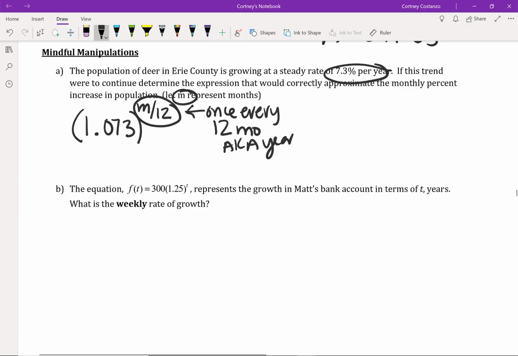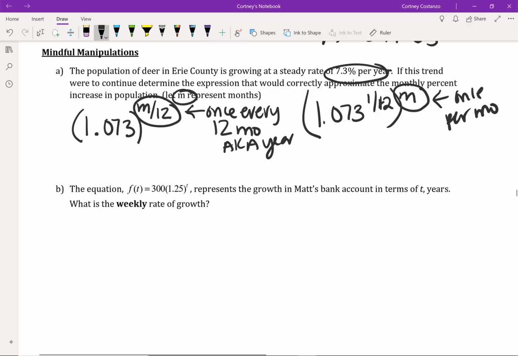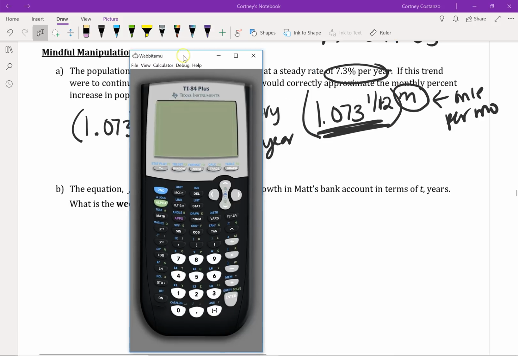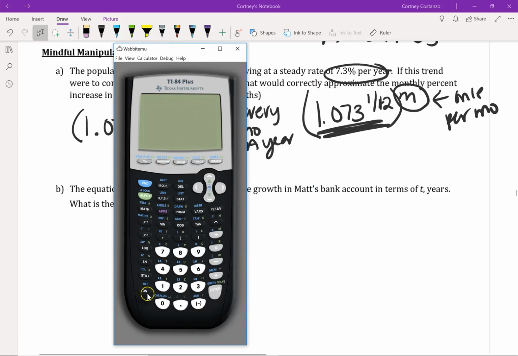So what you want to do is bring that 1/12 inside and leave the M on the outside. Now what this is representing is once per month. And so whatever this is in my calculator, that will represent my monthly growth rate. So if I bring up my calculator, it is going to be 1.073.